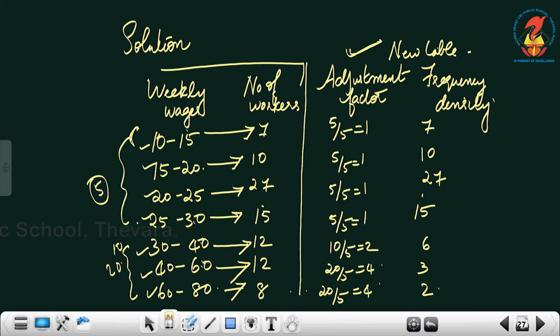Then 30 to 40, the difference of the class is 10. For the next 2, 40 to 60 and 60 to 80, the difference of the class is 20.